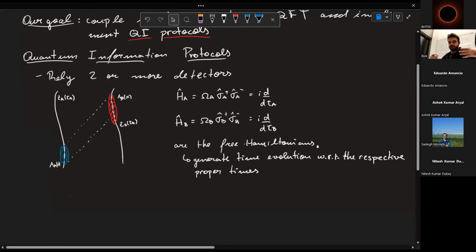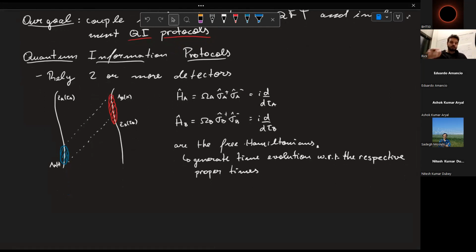Each one of these Hamiltonians is the proper Hamiltonian that, as we discussed last time, would be seen by an observer co-moving with these trajectories. These proper times, tau A and tau B, I'll still assume are the Fermi normal times associated to each trajectory. More details about this will come soon, but what matters is that there's an extension of the proper time of each one of them to a time coordinate that is locally defined around the trajectory.